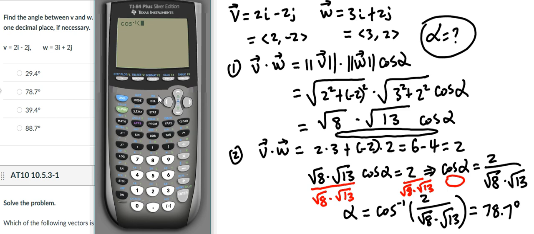cosine inverse. Then 2 upstairs divided by, make sure you have a parenthesis, that's a bracket, second radical 8 times second radical 13.